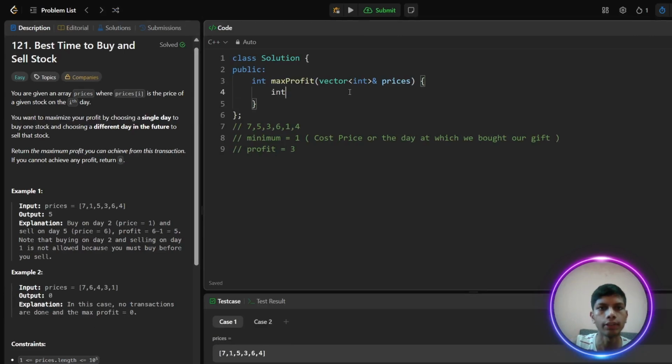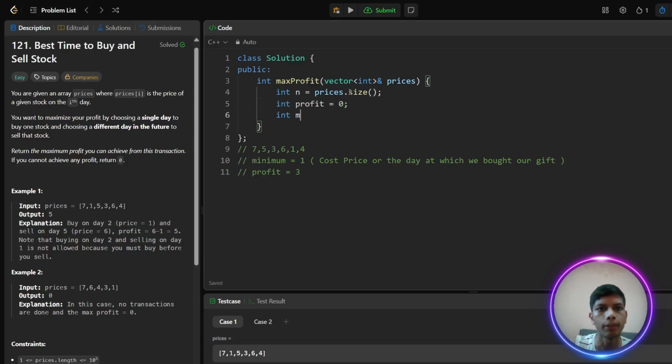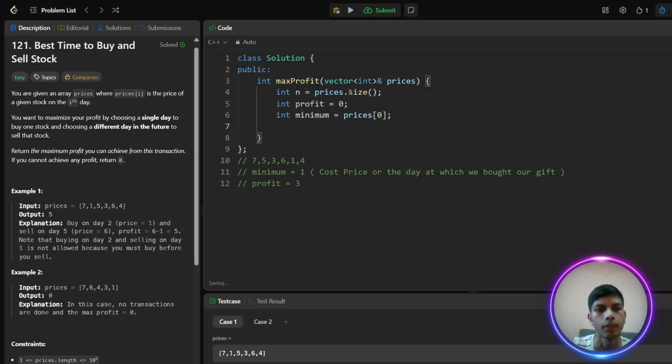First of all I will take the size of our array. Now what can I do? I will make a profit. Okay, I will make a minimum variable in which I can store the 0th element of my array.